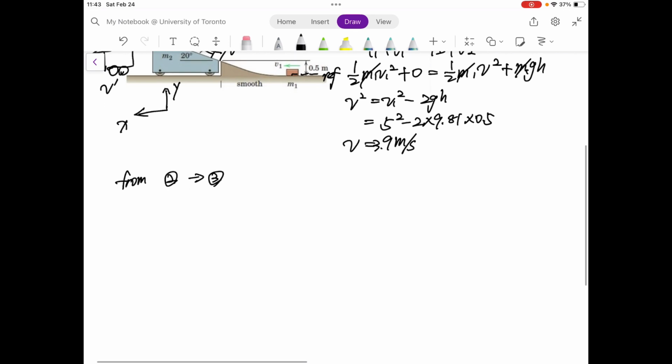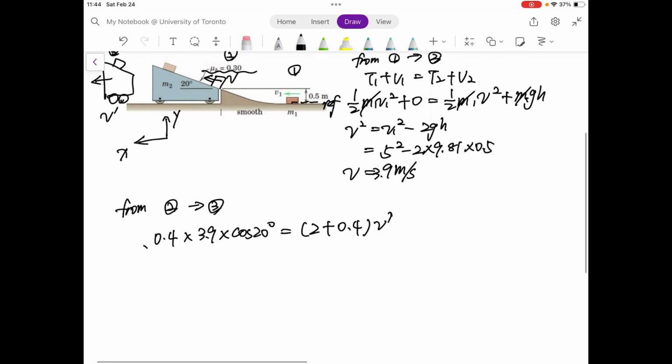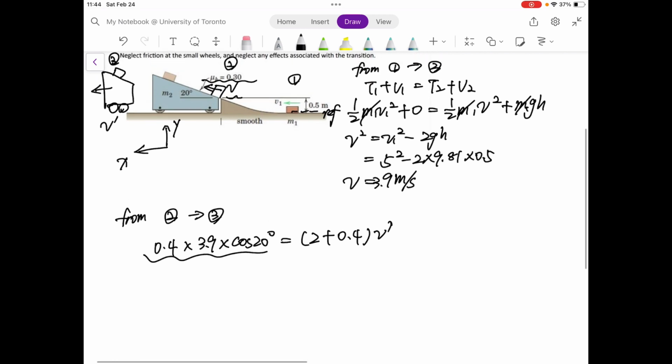So we would say 0.4 times 3.9 times cosine 20 degrees is equal to (2 plus 0.4) v hash. Here's our velocity in the x direction. Here is the mass of the whole system, m1 plus m2. So v hash is equal to 0.61 meter per second.